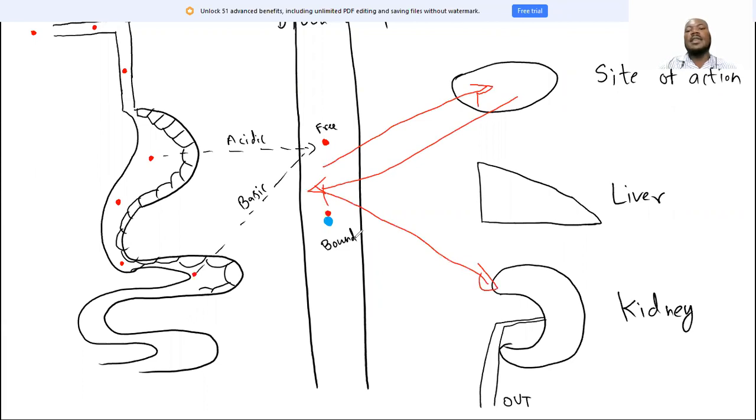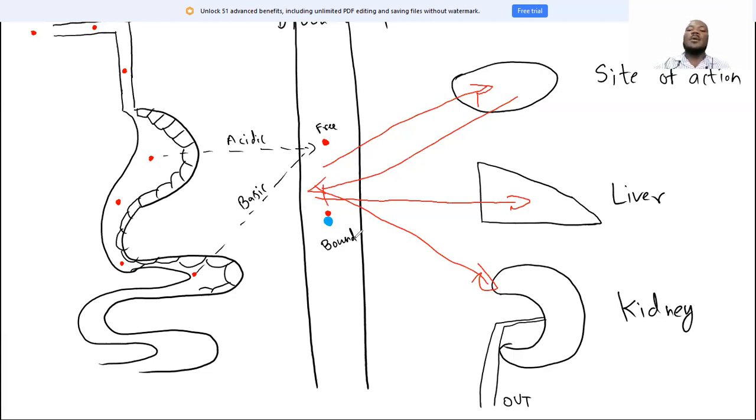But in this case, elimination will not be possible for the lipophilic drug, so it has to be converted into the hydrophilic drug in the liver. The drug that is metabolized in the liver is now the metabolite, and this metabolite will be inactive in this case. The drug which was active is converted into inactive, so this is an inactive metabolite.